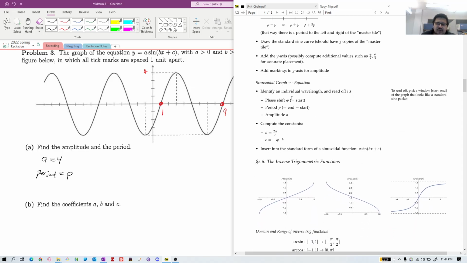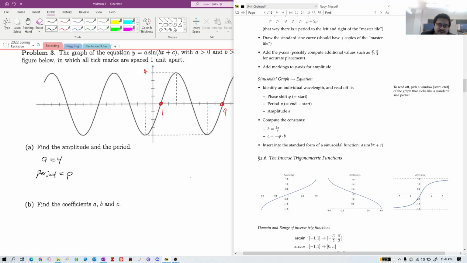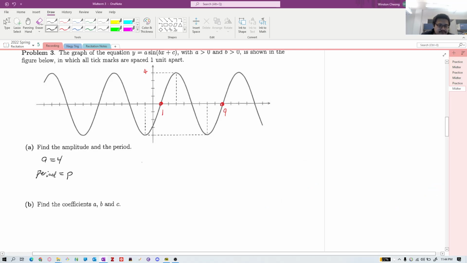So period is end minus start, and I abbreviate it with P. Phase shift is going to matter for part B of this problem. So the period is going to be 9 minus 1, which is 8.